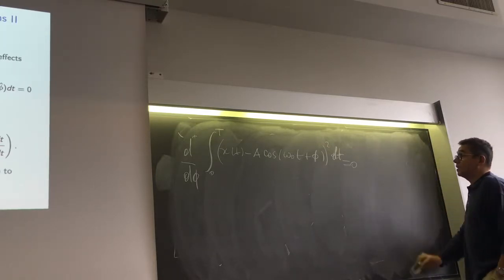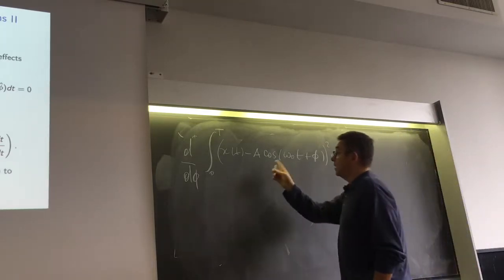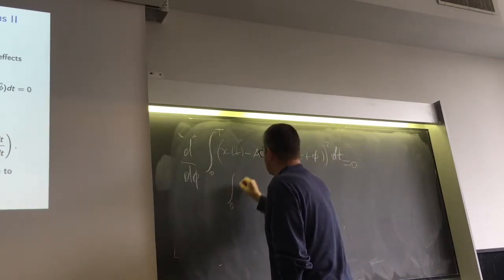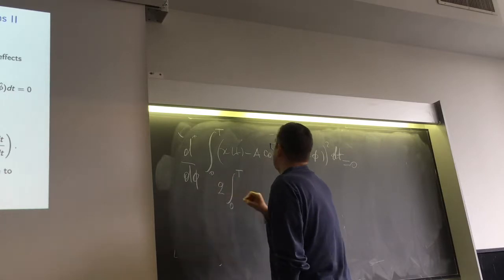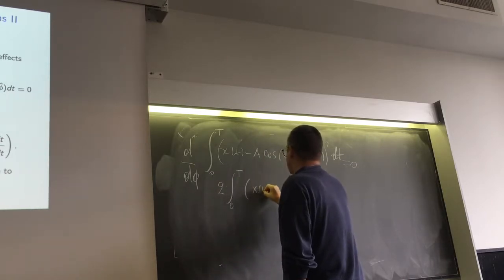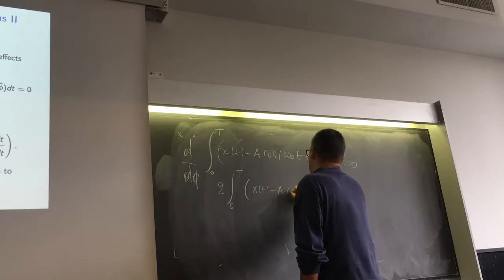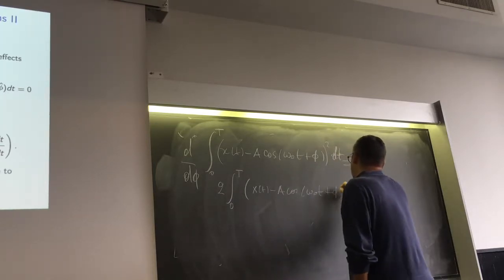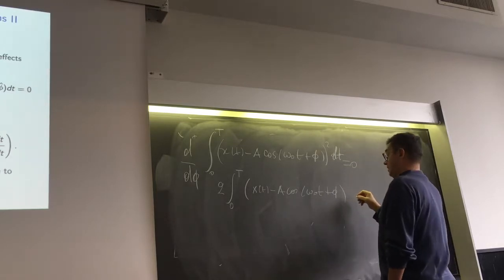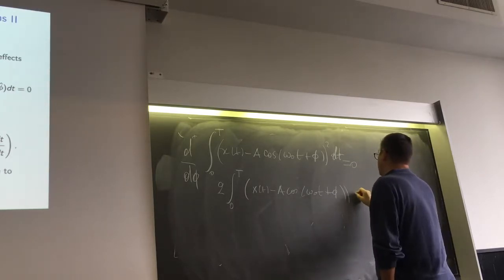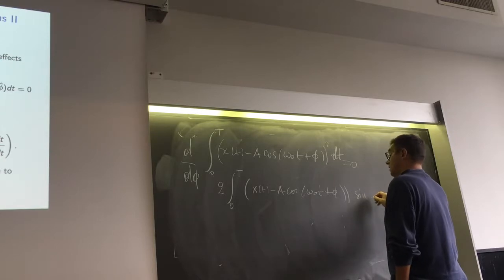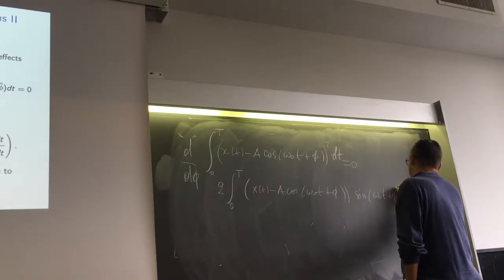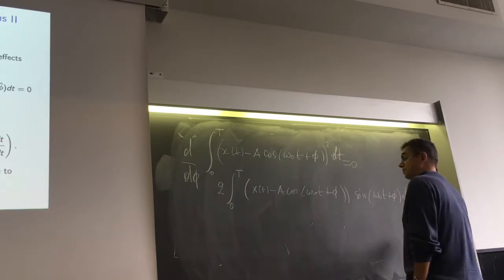Now when I do this, I have 2 times, and the derivative enters inside the integral from 0 to T. I have 2 times x(t) minus A cosine of omega 0 t plus phi, then close the bracket, then I have sine of omega 0 t plus phi, dt.